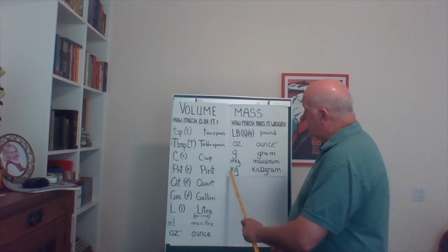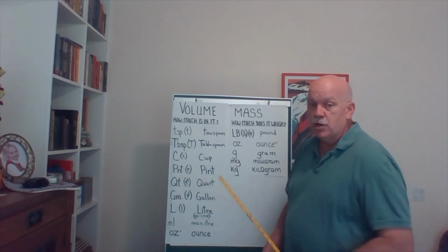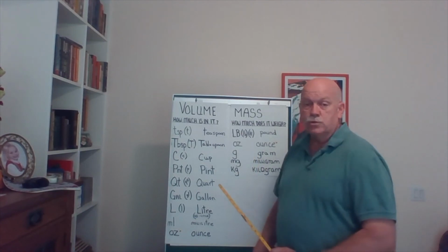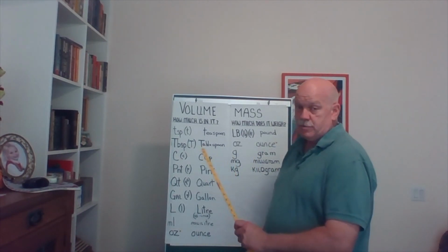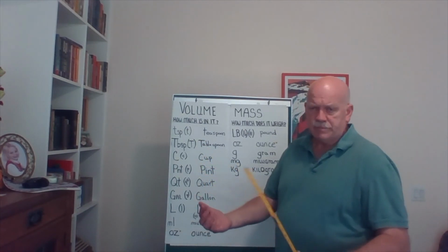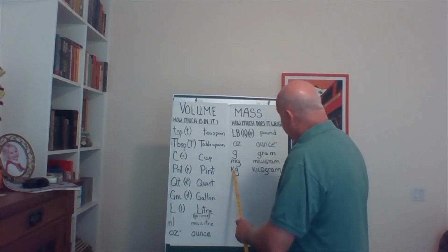You do have other things like kilograms, okay, and milligrams, and milligrams is mostly in medicine or science. But this is cooking, and some of our cooking is sciencey and formulas like baking, but still, it's all grams. All right.